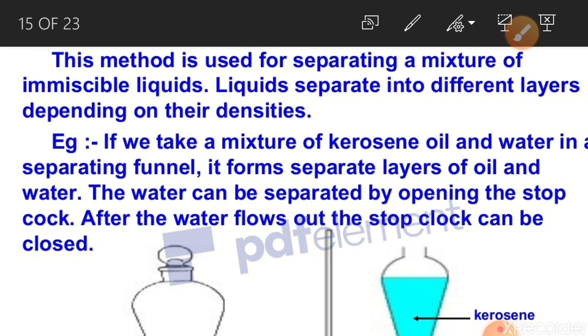In that case the lighter slag is removed from the top by this method, to leave the molten iron at the bottom in the furnace. So in that process also we use the decantation method.